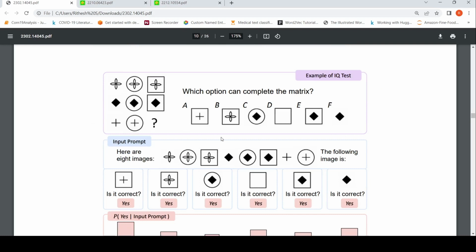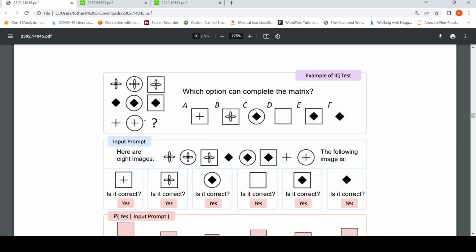This special one over here talks about an IQ test. Given an image like this, a matrix of images, and a question, which option can complete the matrix, and then you have these answers over here. The model should predict the right answer. So how do they do it? They give this particular image as an input along with text, as one input.